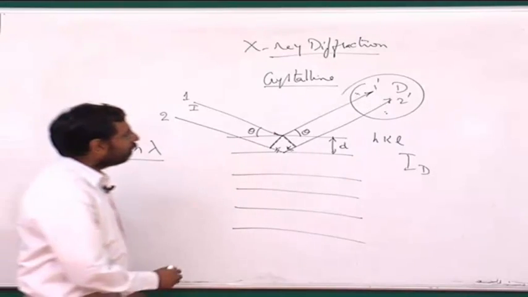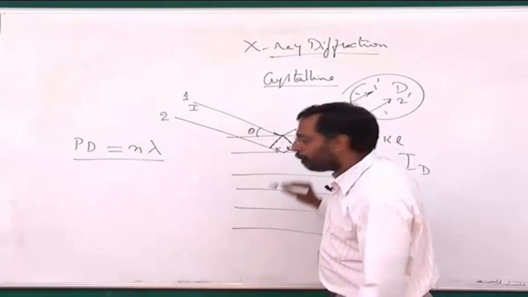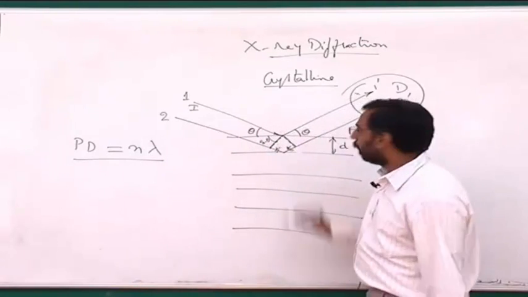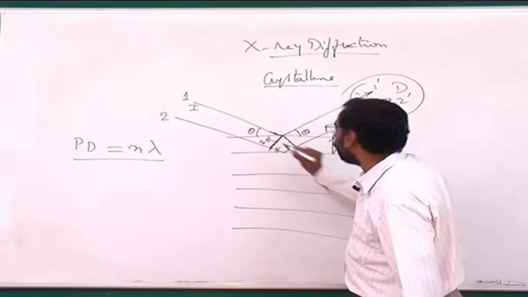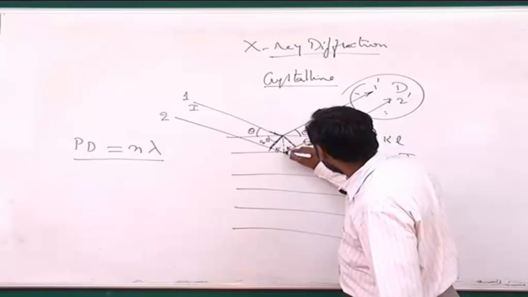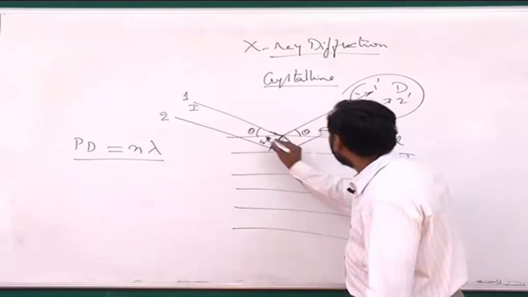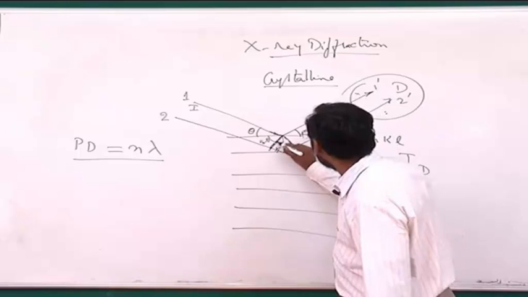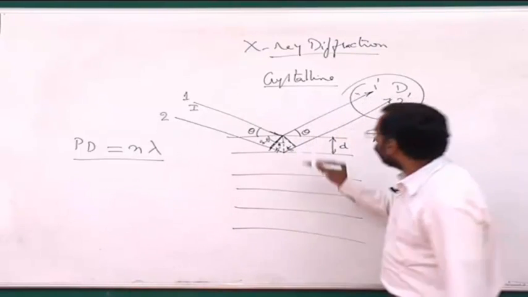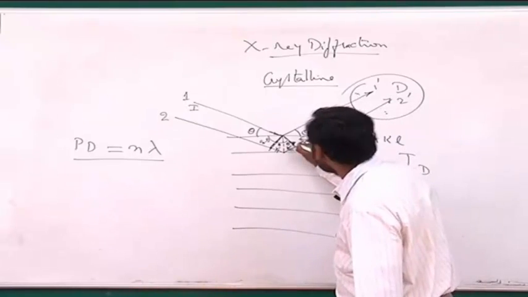To understand this, we know that if this is theta, this is 90 minus theta, because this is a right angle. If I draw a line here, and this is 90 degrees, then this is also theta, and similarly this is also theta.